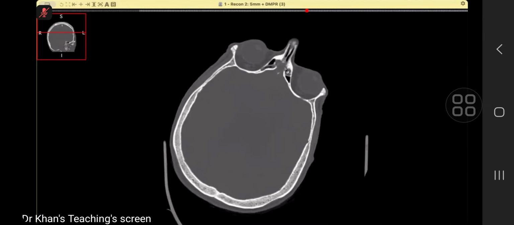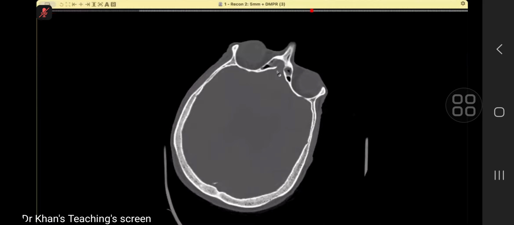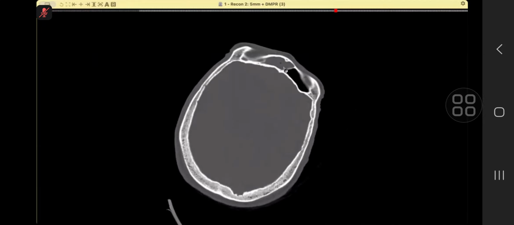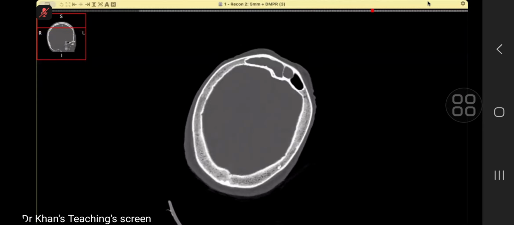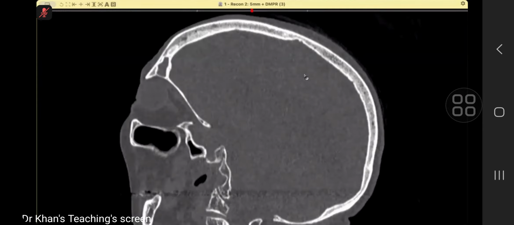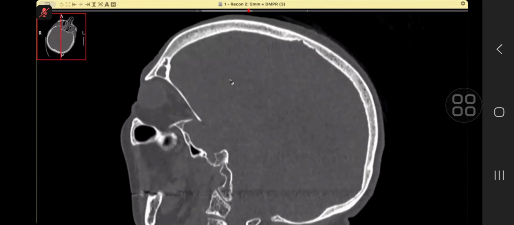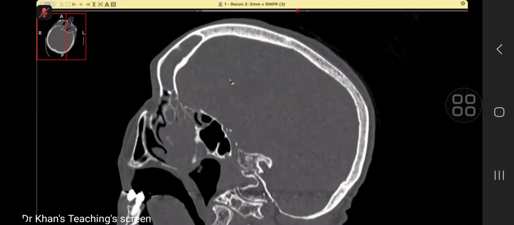And here the candidate pointed out that there is a bit of erosion, which was very well done. What is happening is that the frontoethmoid recess is compressed, and that is why there is a secondary sinusitis type of picture. With passage of time, this might become a mucocele.